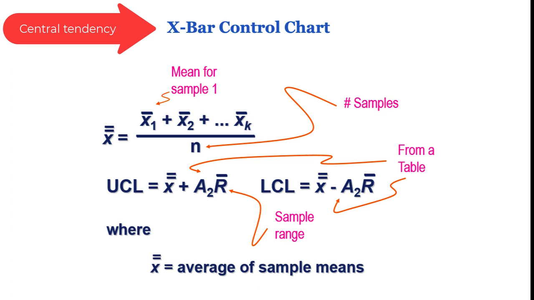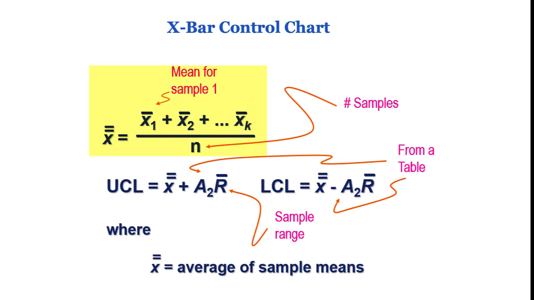Now, in order for us to monitor the central tendency of a process, we use an X-bar control chart. To set up an X-bar control chart, we just need to compute three key measures: the overall average, or the grand average, X bar bar; the upper control limit, which is calculated by the grand average plus a factor which we call A2 multiplied by the average range; and the lower control limit, which is similar except that now we are subtracting the factor A2 multiplied by the average range from the grand mean, the overall average of samples.